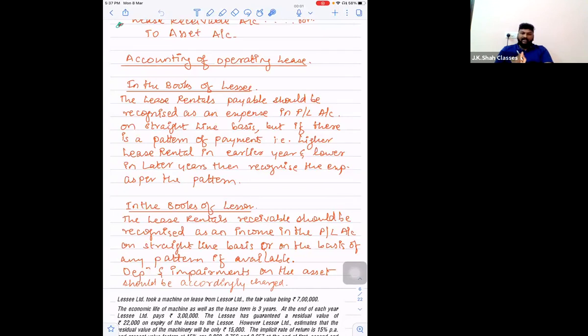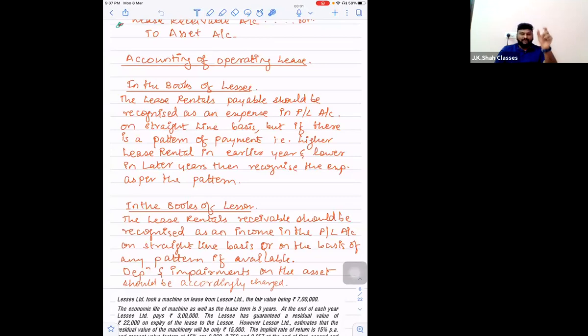Till today, whatever rent paid you saw in your final accounts, the rent debited to P&L and rent credited to P&L, that rent was purely with respect to your operating lease. Because I don't know how much you understood about finance lease, but in finance lease, the word rent is generally nowhere seen. It is either the adjustment of principal and interest or finance charge.